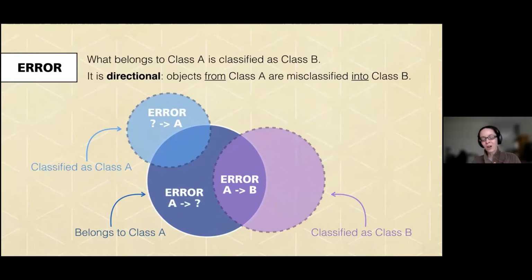And then there are other elements that belong to class A and are classified into another class. And well, they're traditionally called false negatives from the perspective of class A. So this is one important thing to remember when we look at the classification errors. It's not just the number of errors, it's also what the true class was and what class it was classified into.